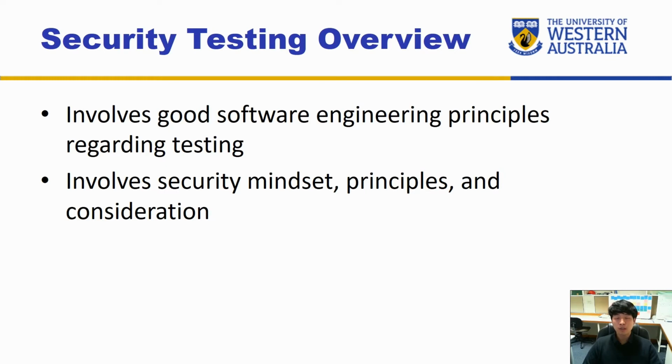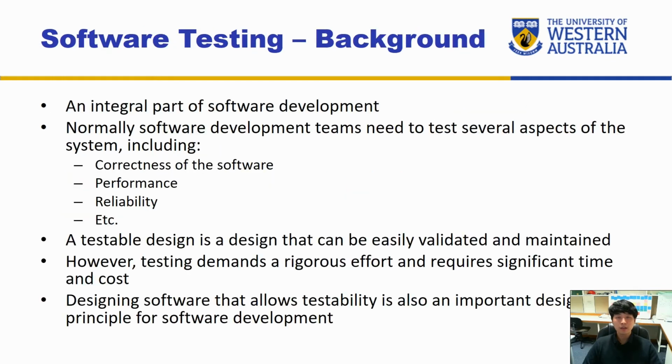So you may have found in your assignments and other resources that sometimes you might have to think about how to go about exploiting or providing security for it. Some background: it's an integral part of software development.